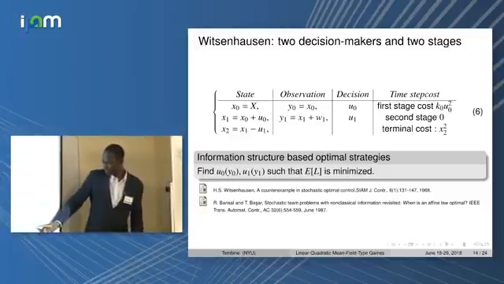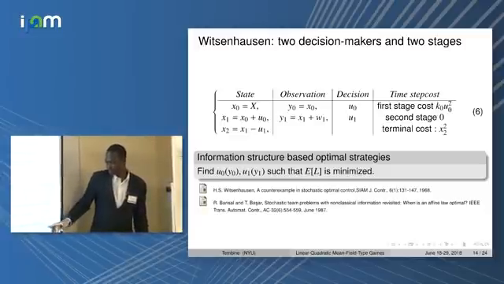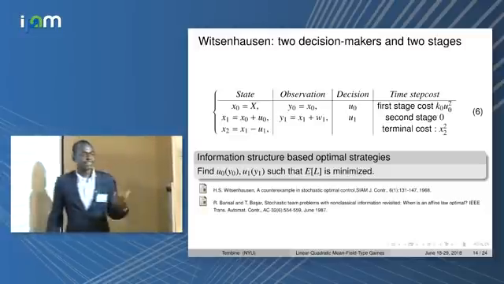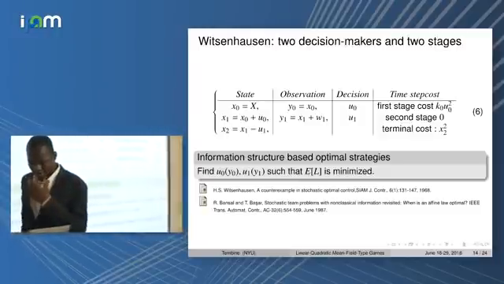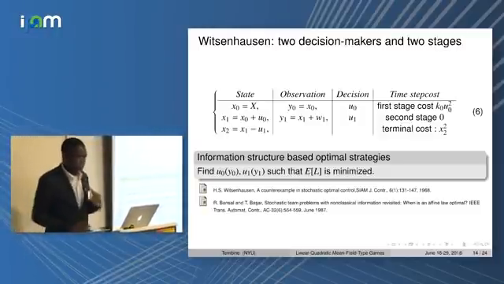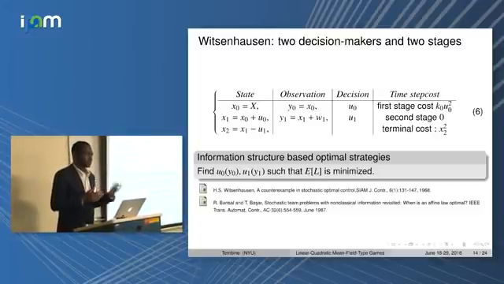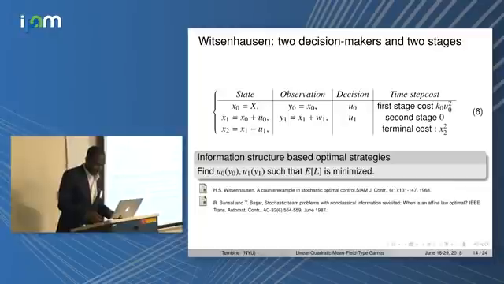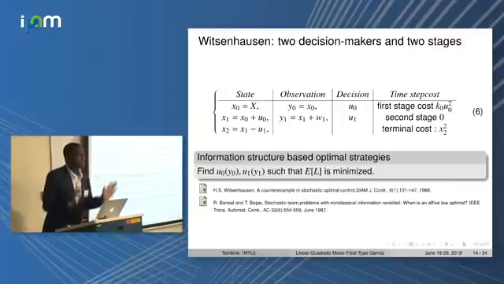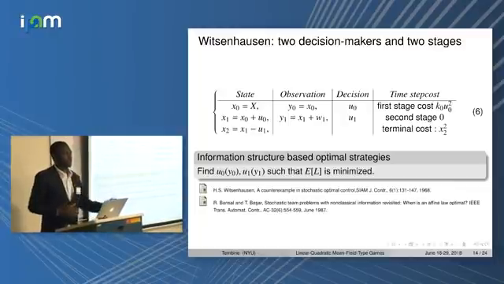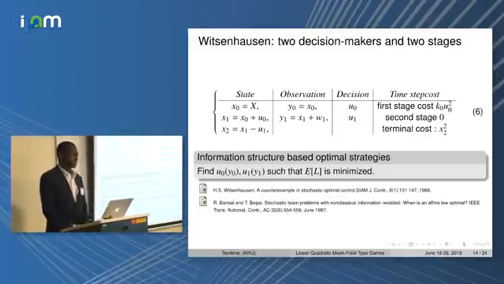And there were extensions by Tamer Basar: when is a linear policy optimal or not, and so on. That's why they introduced the quantized strategy that we were discussing last week. Okay, so this is a linear quadratic setup with partial observation where the optimal control is still an open problem today.